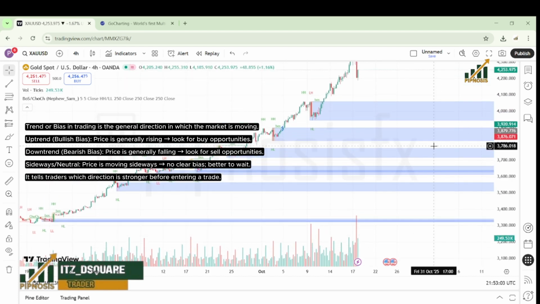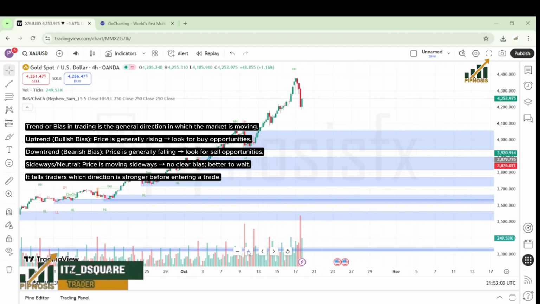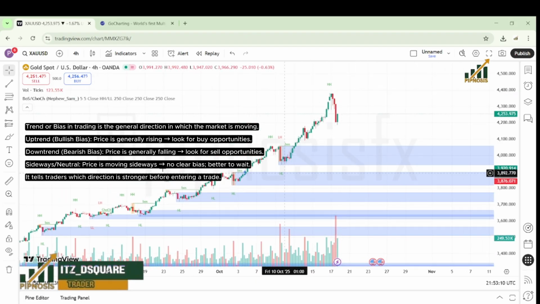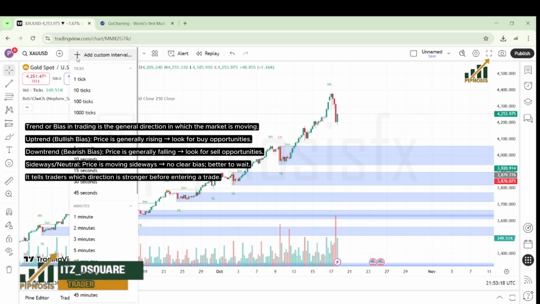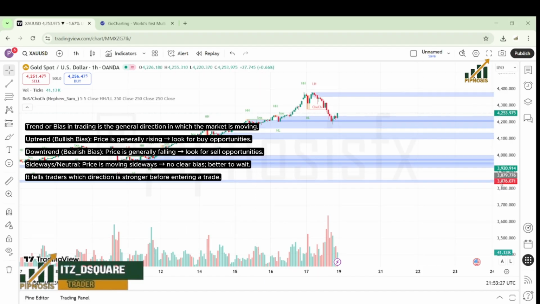Since I know this is in an uptrend, the next thing I will do is to step down to the 1 hour time frame, where I would now get my structure. From the 1 hour time frame is where I get my structure.